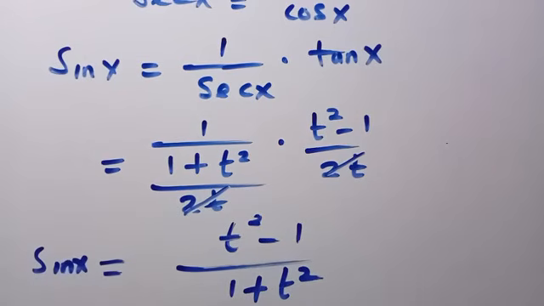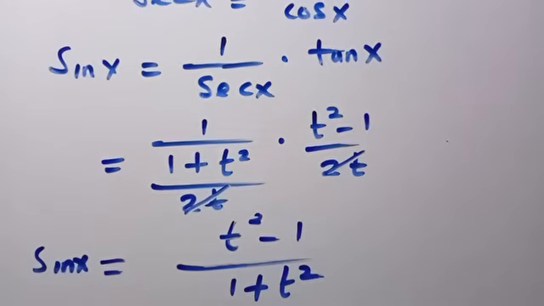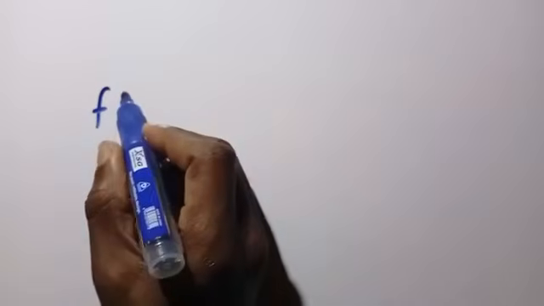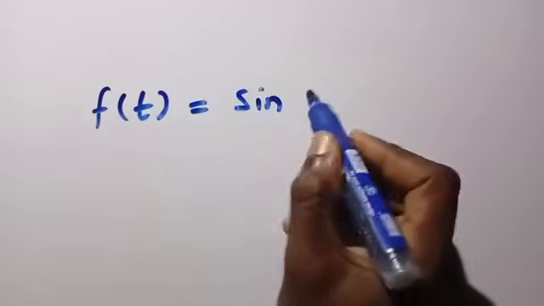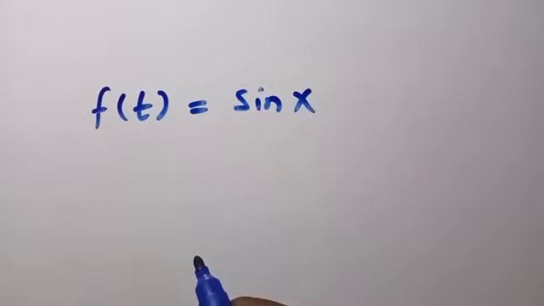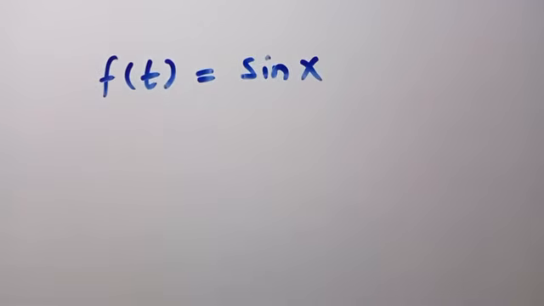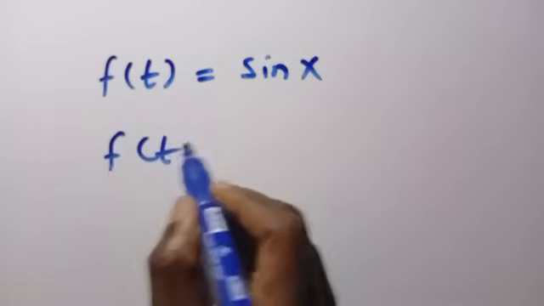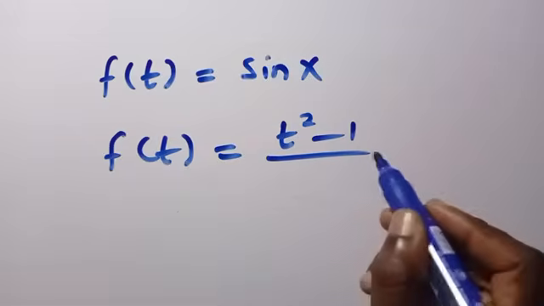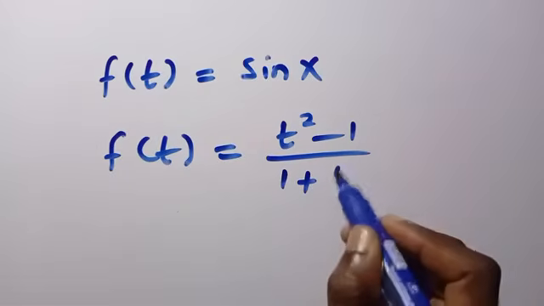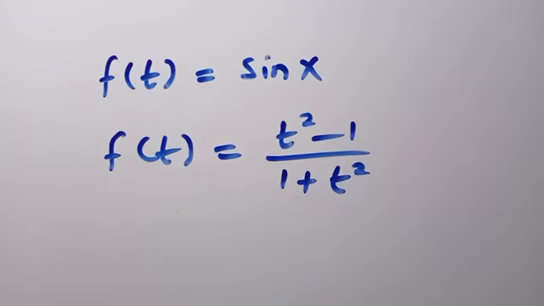Since we have gotten this, the next step is to find our f of x. Let's recall that in the first place, we have f of t equals sine x, and sine x has been derived to be t squared minus 1 divided by 1 plus t squared.